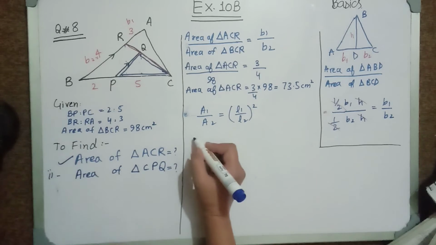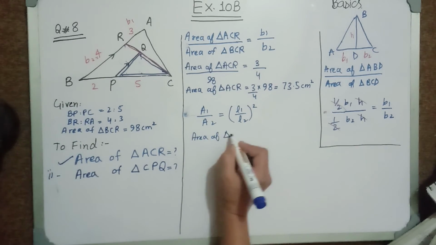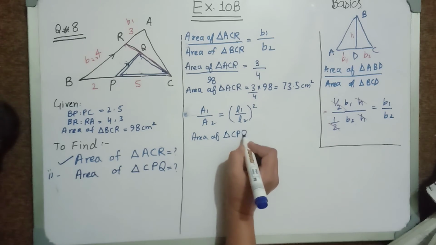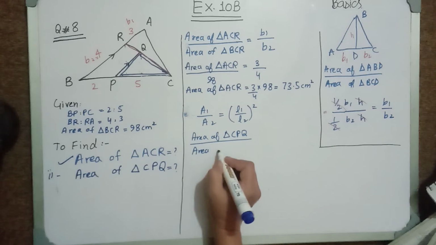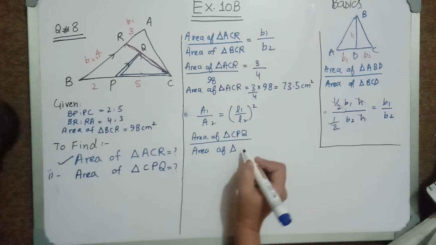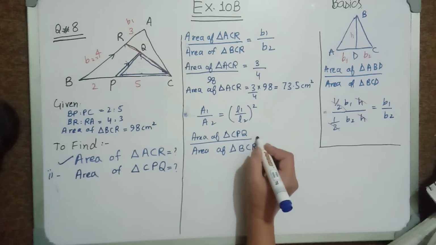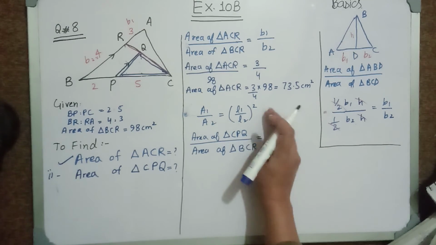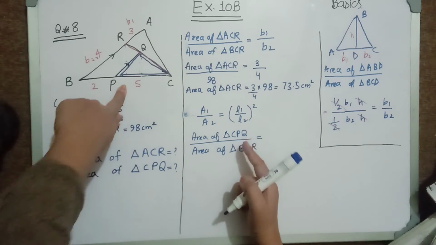So I can write that area of triangle CPQ over area of triangle BCR is equal to the ratio of their lengths. What is the L1?